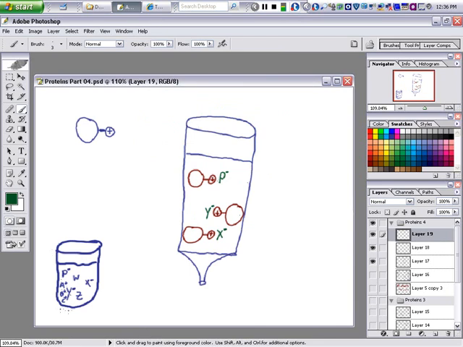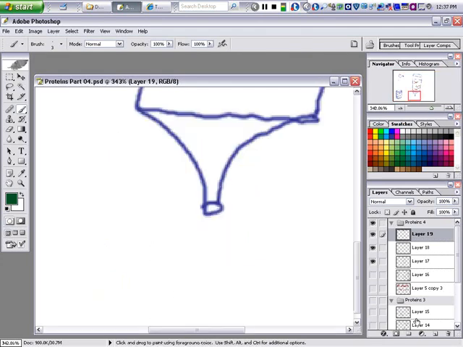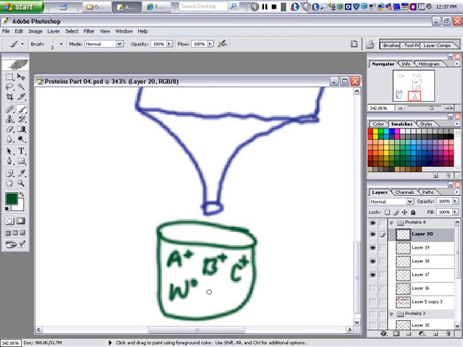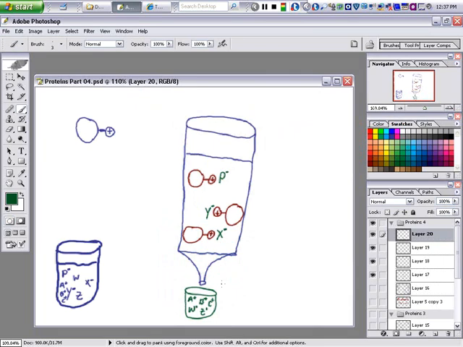A, B, C, W, Z. So here, let's say you collect what passes through. Okay. And so what's going to pass through, you're going to have A plus, B plus, C plus, W with no charge, and Z with no charge. All of those are going to pass through the column. And so we'll move this to the side here.